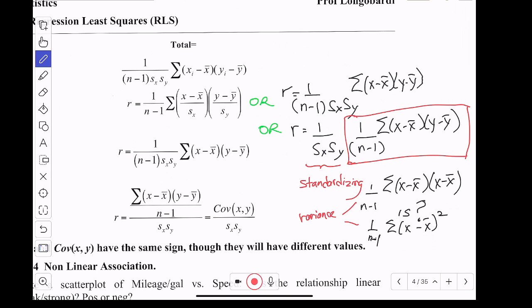The variance, remember, the square root of the variance of x is the standard deviation. So that's what this is. So this is called the variance. So we call this the covariance.